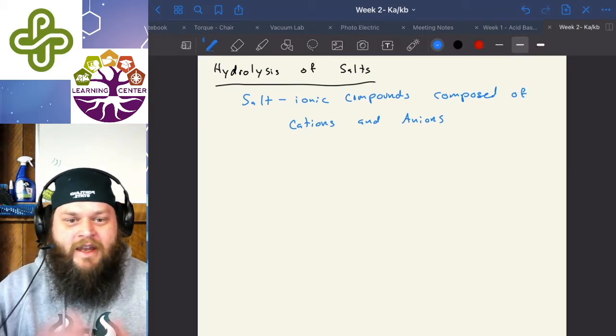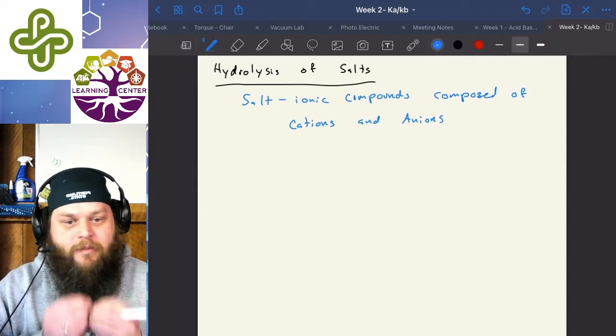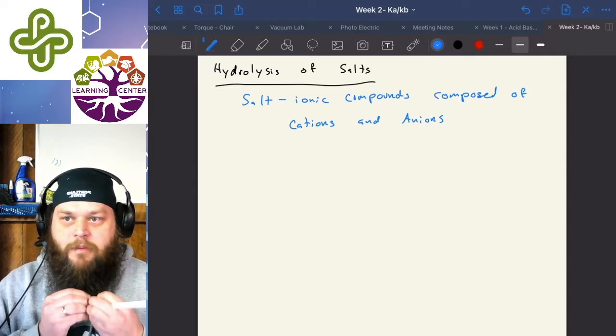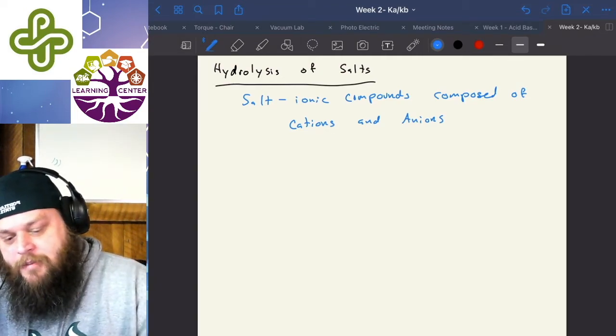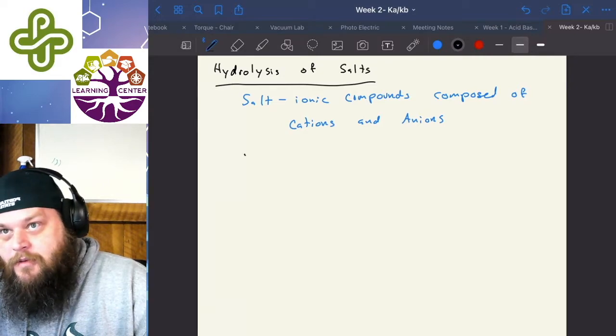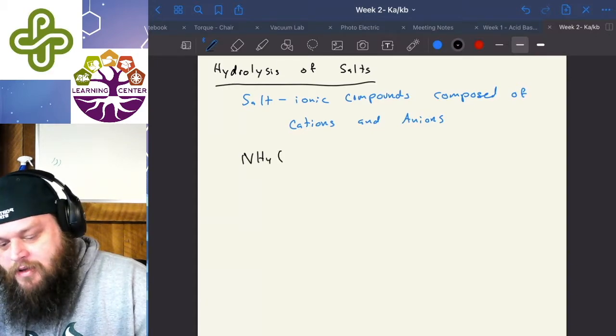But salts can be any two different types of ions bonded together, and a lot of these will completely dissociate in water. Another example of that is ammonium, NH4, bonded to chloride. Ammonium chloride, which is a solid.